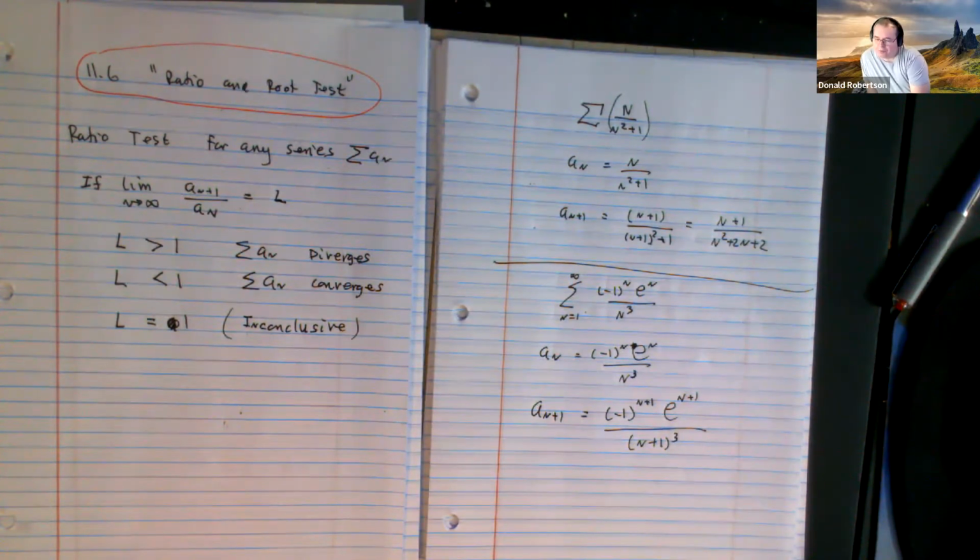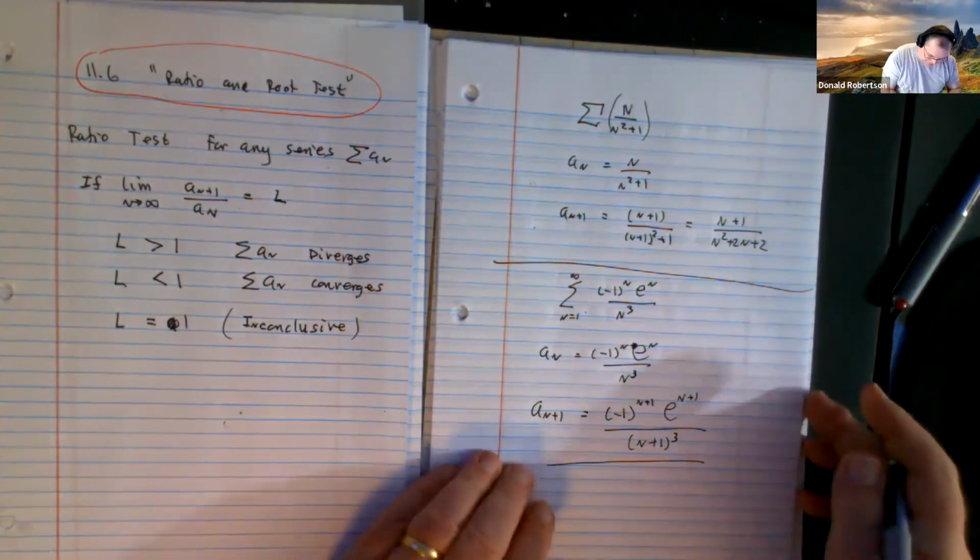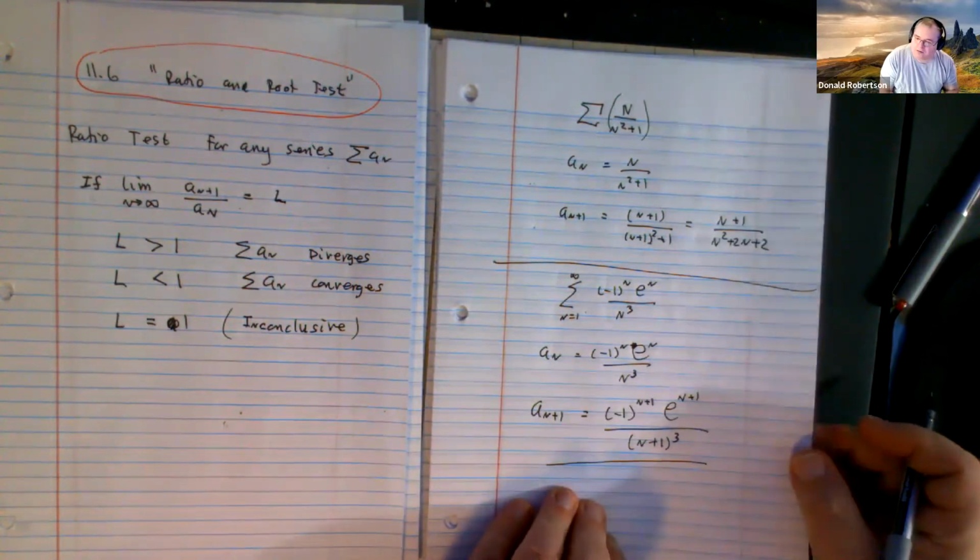Are you comfortable with what an a_(n+1) looks like for a series? Don't you just replace every n with n plus 1? Are we good?